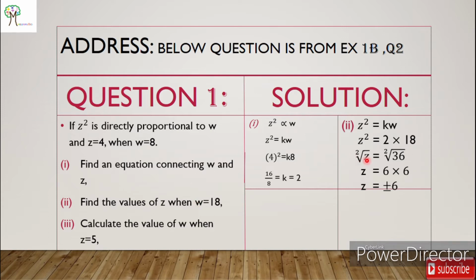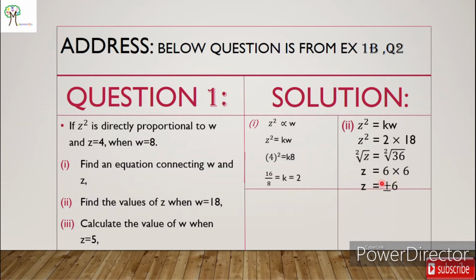So then z would be the square root. We will put the square root on both sides, and 2 eighteens are 36, and 36 is made when 6 is multiplied by 6. So the answer is plus minus 6.